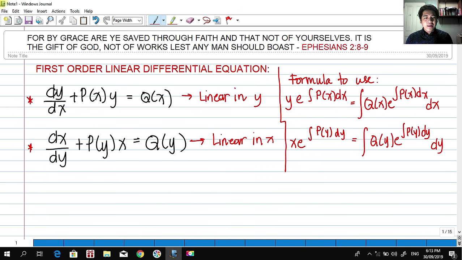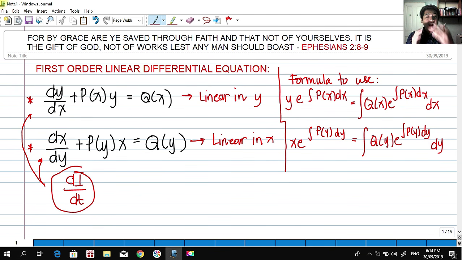For example, in the application of DE, we can see equations such as the change in current with respect to time, where the current is represented as I, and the time is represented as t. As you can see here, this is not the form of either of the two equations, but we can still rewrite the DE, and it is not only limited to dependent and independent variables such as y and x.